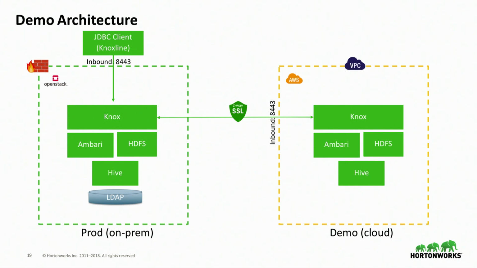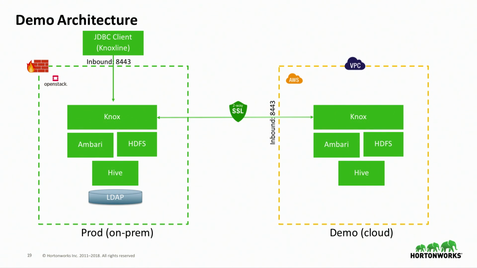Both of these clusters are connected to Knox through 2-way SSL. The VPC policies on the cloud AWS cluster are such that only port 8443 for Knox is open, and only connections from my production cloud can talk to that cluster.